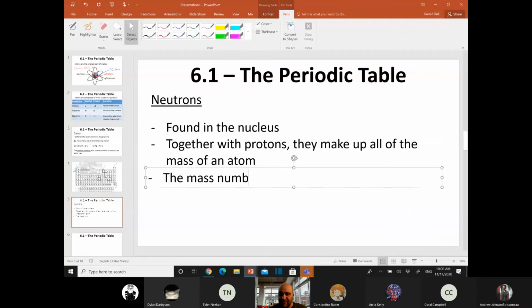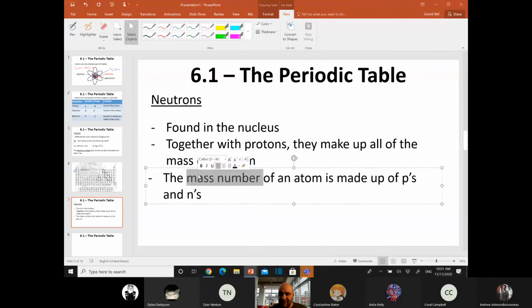The mass number of an atom is made up of protons and neutrons. So the mass number is also an important definition. So atomic number and mass number. We're gonna be using both of those here in a little bit.